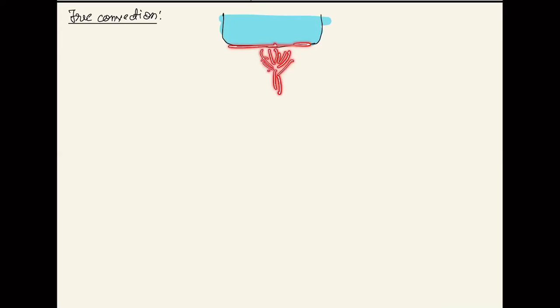Then this particular liquid layer is slightly at a higher temperature than Tsat. This is at some Tsat plus delta T, and that's why it is able to transfer the heat within the liquid to this point by mode of convection.